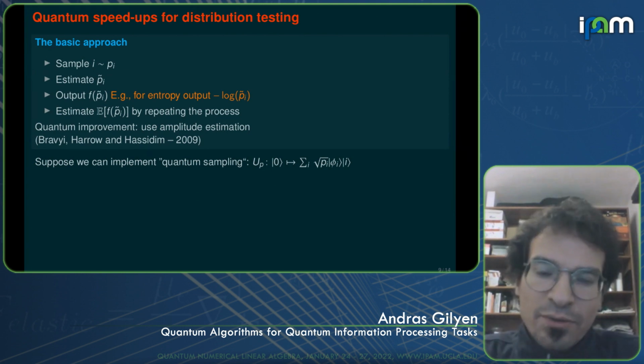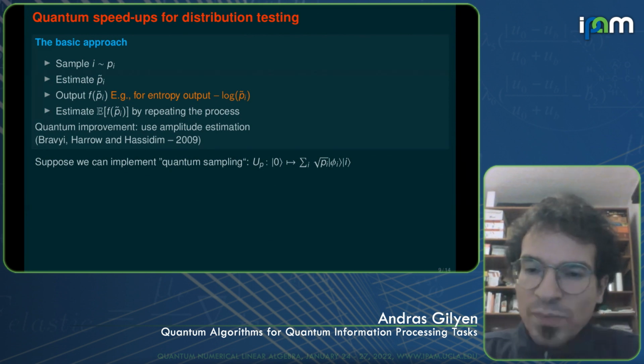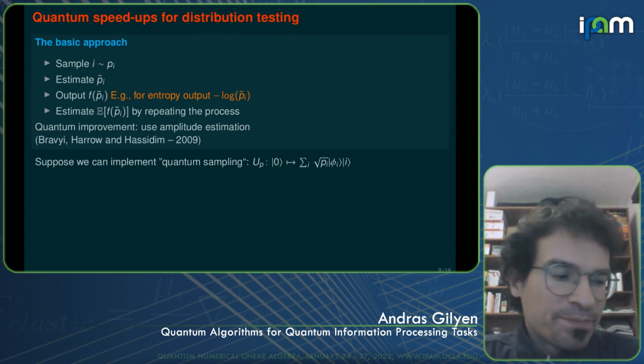So it maps, say, the 0 state to something with square root Pi, i, and then there's also a phi i register, which is some unknown ancilla state. But you can just read out the last register, and if you measure the last register of the state, then you get with probability Pi a sample i. So this is like a quantum version of sampling, but a coherent one.